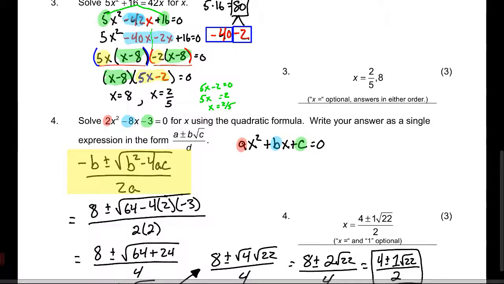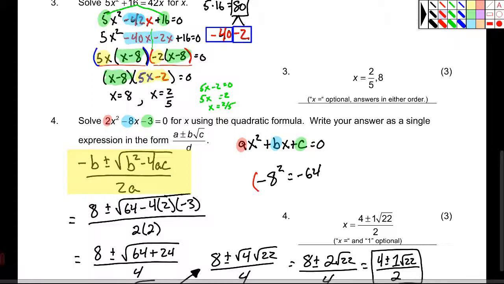So important here to remember. Maybe I'm doing something wrong here, and you can tell me what it is. If I wanted to find b squared, some people are going to type negative 8 squared into a calculator and get negative 64. But how could I ever square some number and get a negative number in return? What they did wrong was they didn't put this in parentheses.